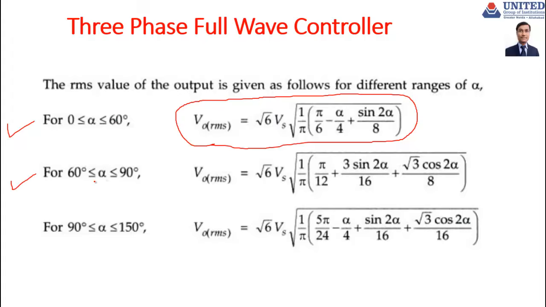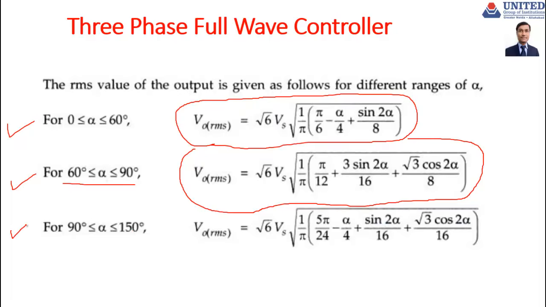And in the second case, when alpha is between 60 to 90 degrees, or equal to 90 degrees, we again get the RMS output voltage equal to root 6 Vs times the square root of 1 upon pi times the bracket of pi by 12 plus 3 sine 2 alpha by 16 plus root 3 cos 2 alpha by 8.